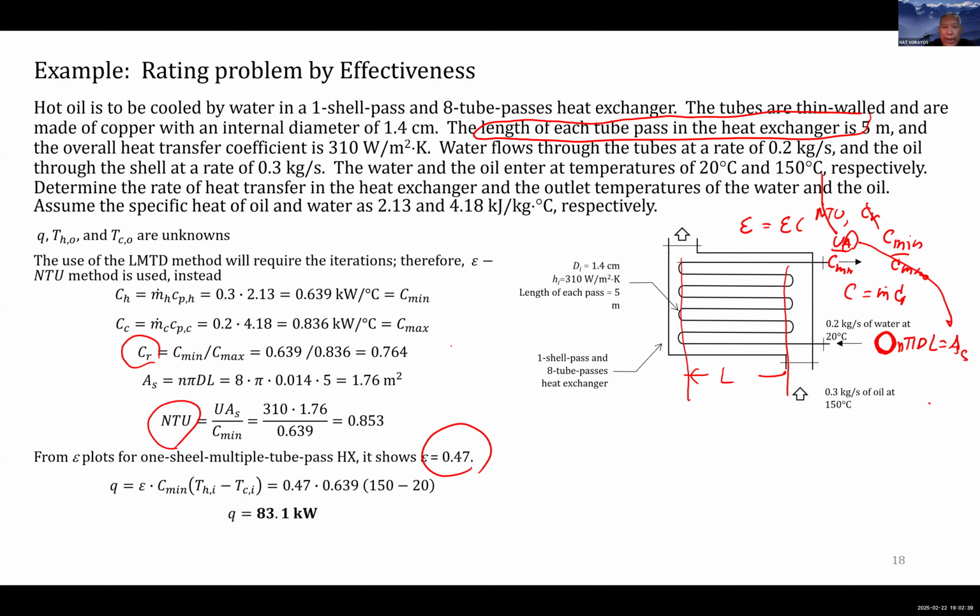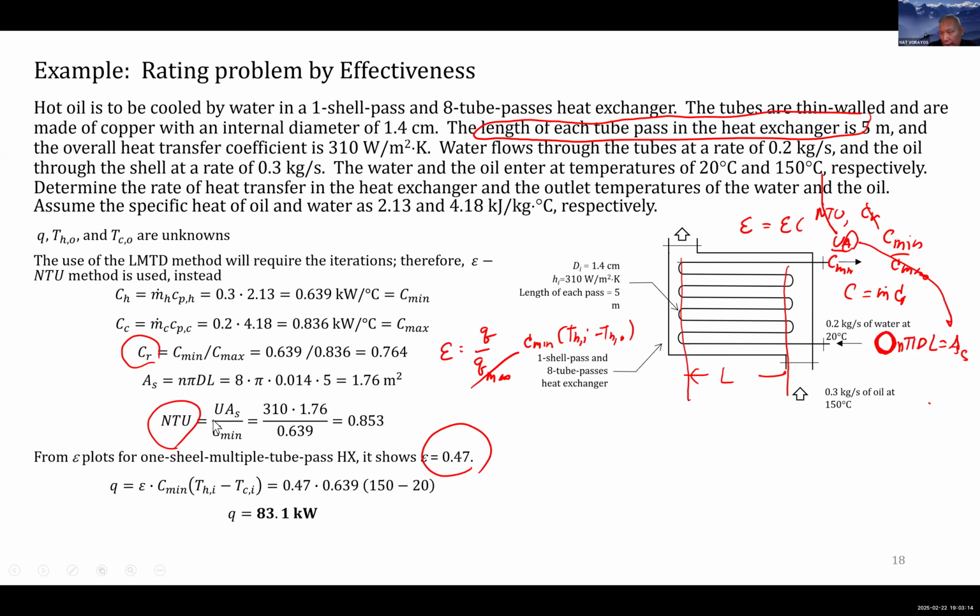Because you know that epsilon equals actual Q over Q max, and Q max is equal to C min multiplied by THi minus TCi. In order to compute Q, you need only THi and TCi, but you have to specify what your C min is, and you have to retrieve your epsilon by knowing the NTU, knowing the CR.